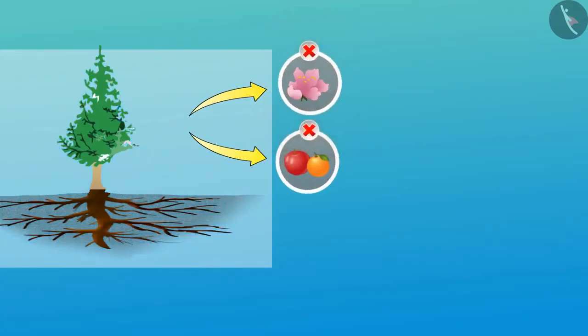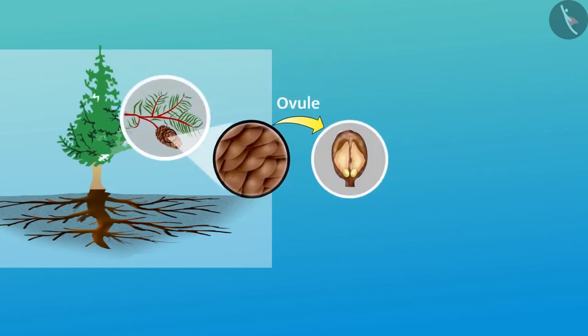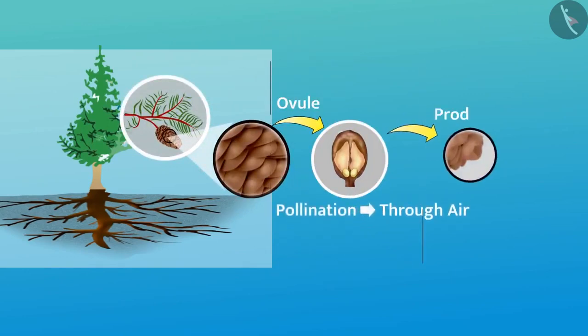The lack of flowers and fruits makes them different from angiosperms. Since gymnosperms do not have flowers, ovules are in the open state. Pollination is mainly through air. The seeds produced after fertilization are also in open state.